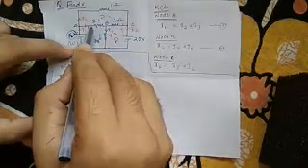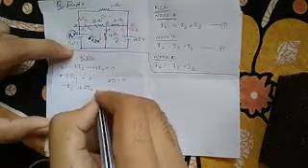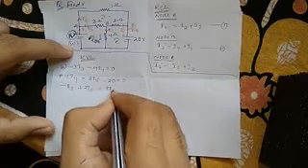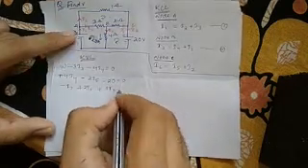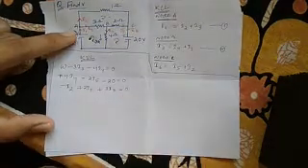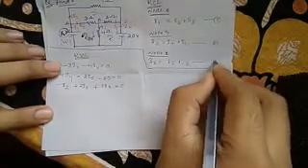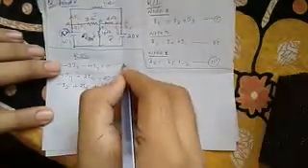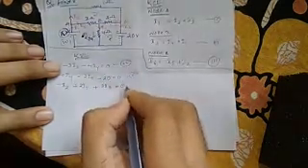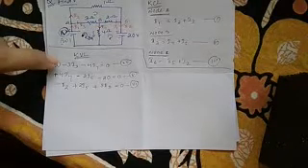And here plus 3i3 is equal to 0. Let this be equation 3, this 4, this 5, this 6. From this 6th equation we will find out this W.